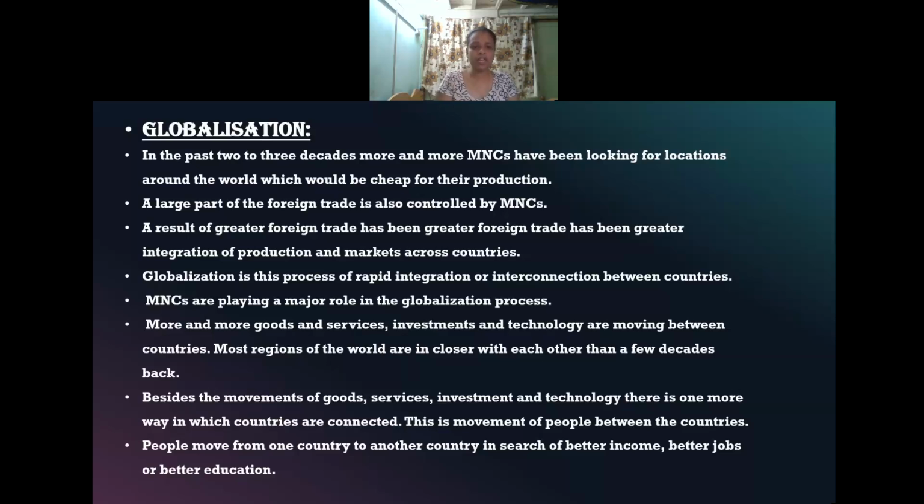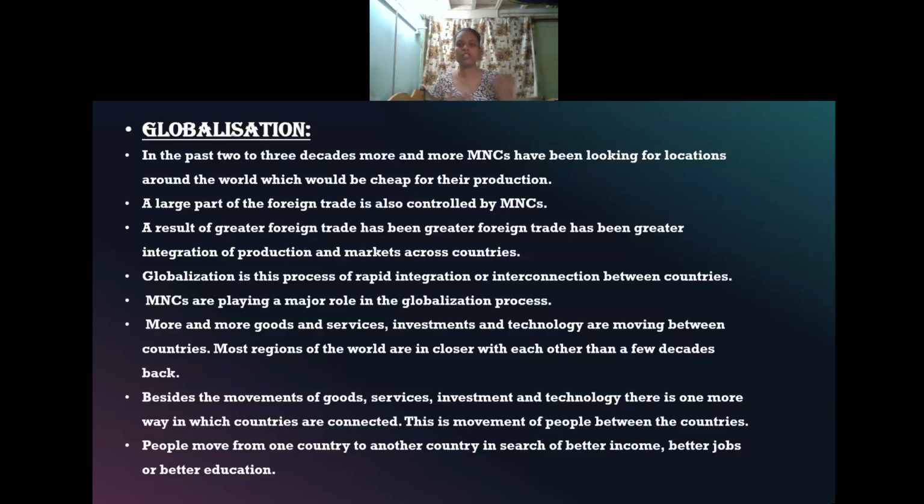So MNCs are playing a very major role in the process of globalization. More and more goods and services, investment and technology are moving between the countries. In this way, a lot of new technologies are being introduced, and new investors are being attracted towards the country to improve production as well as development.